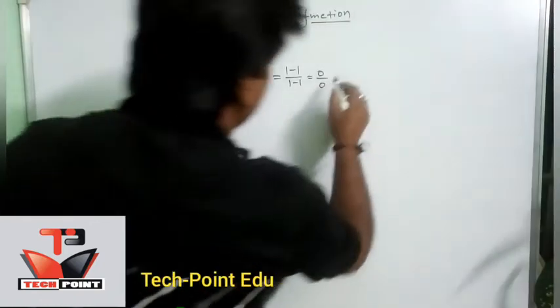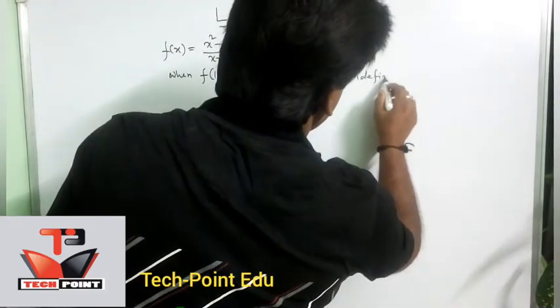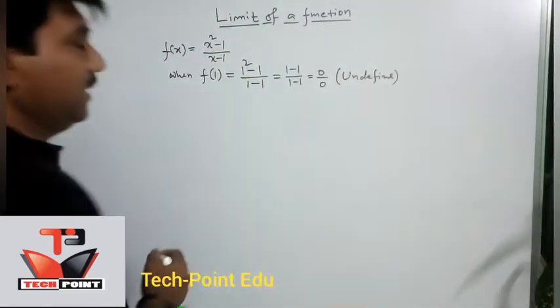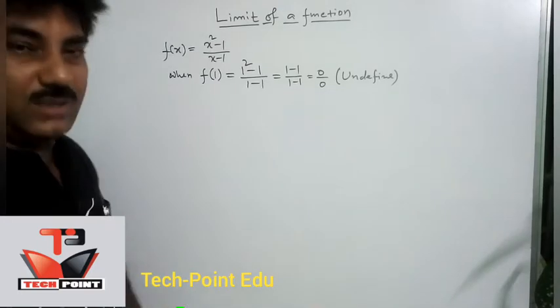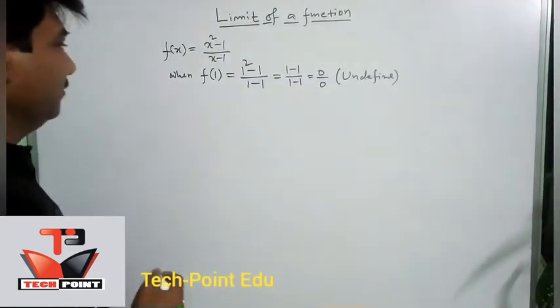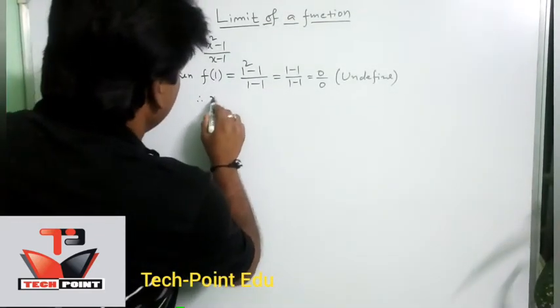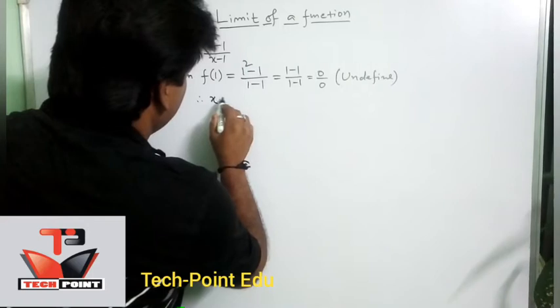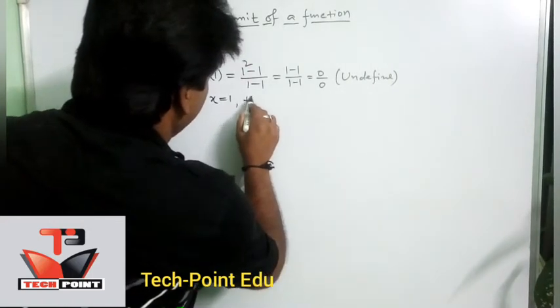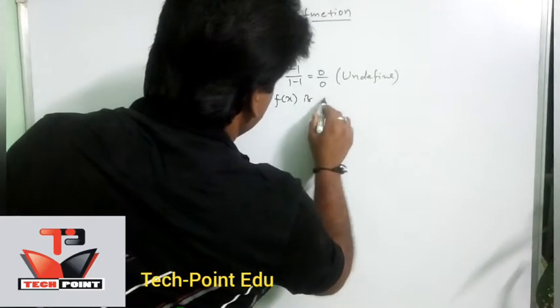And 0 by 0 is always undefined. You cannot say what will be the value of 0 by 0. Therefore, this shows you that when x is equal to 1, then f of x is indeterminate.